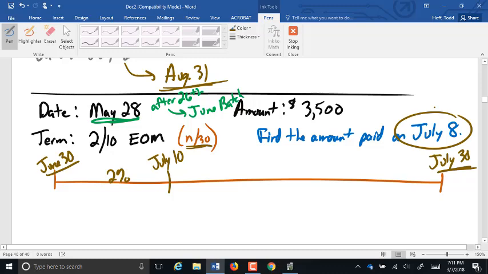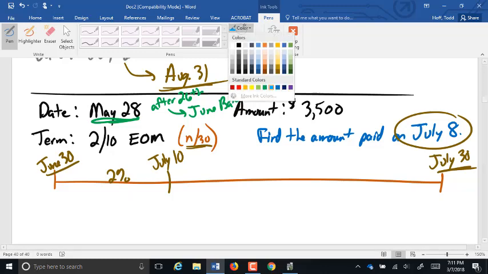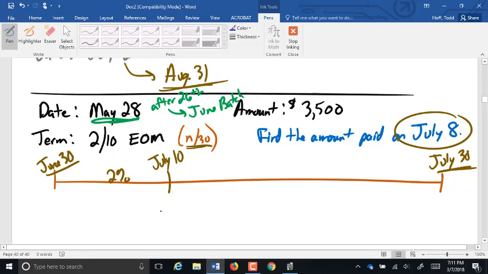So that July 8th date of payment gets the 2% discount. So how do we figure out how much is paid? What do we do to our $3,500? Times .98. Good.